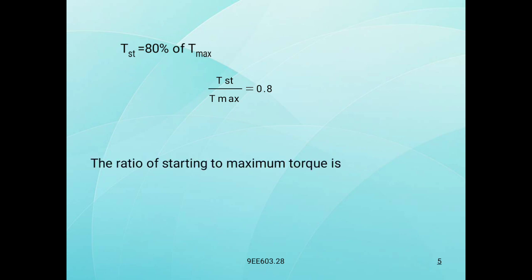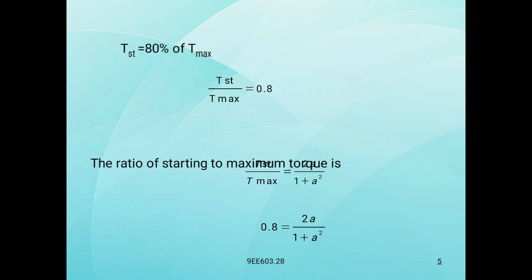Now the ratio of starting to maximum torque, that is TST by T maximum, is equal to 2A by 1 plus A square.